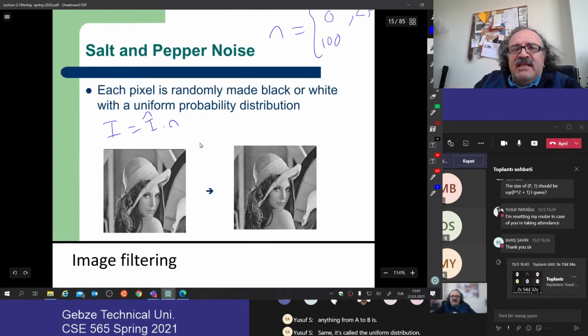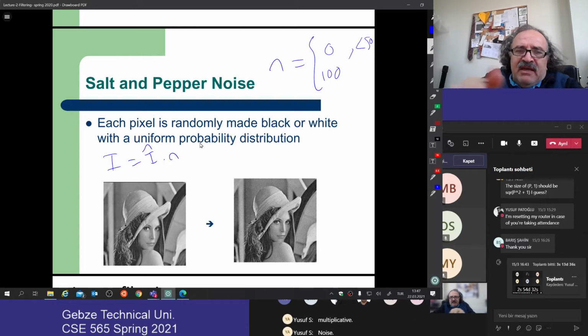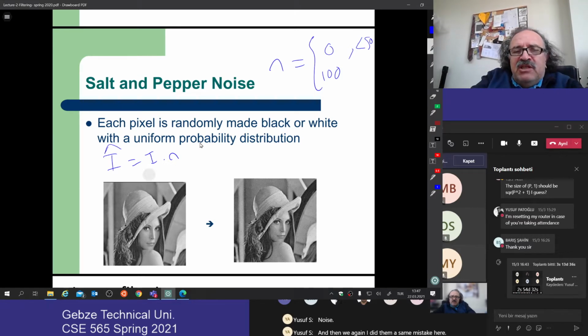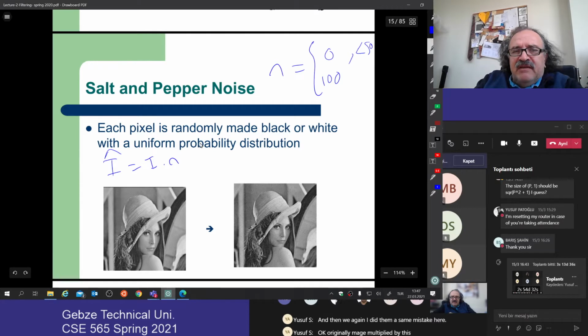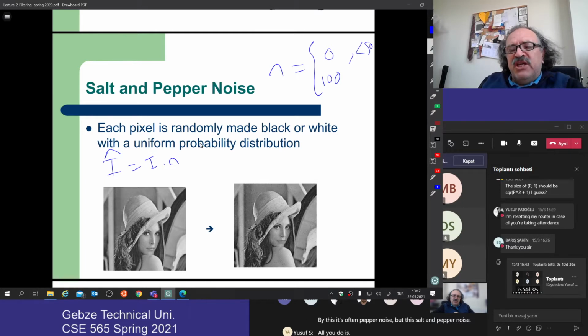And we have the salt and pepper noise. Again, it's a multiplicative noise, and I made the same mistake here: original image multiplied by this salt and pepper noise. With salt and pepper noise, all you do is change some of the values to 0 and some of the values to 255, so it is not related to what the original pixel is.